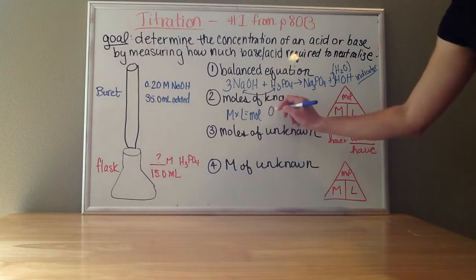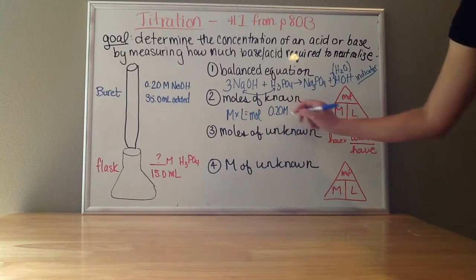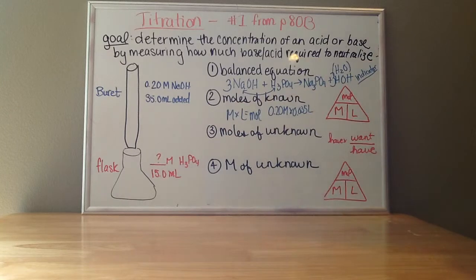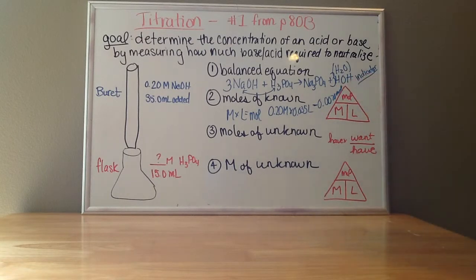So to find how many moles of base that I needed, I'm going to say 0.2 molarity times 0.035 liters. Make sure you take your milliliters, divide by 1,000 to get liters. And if you plug that in your calculator, you should find that it's 0.0070 moles of NaOH. So that's how much base it took to neutralize my acid.